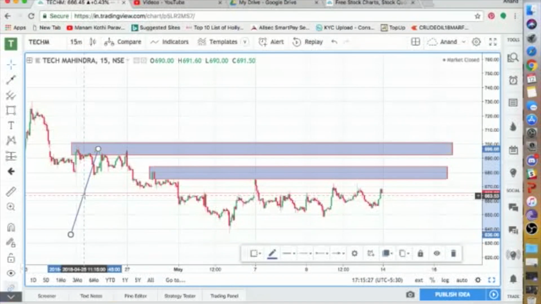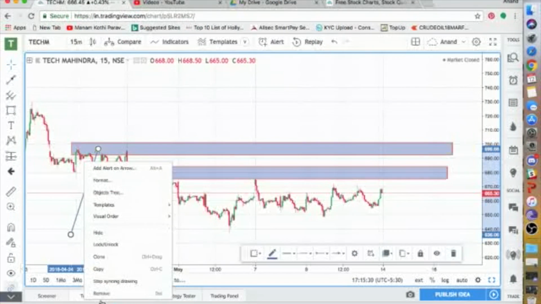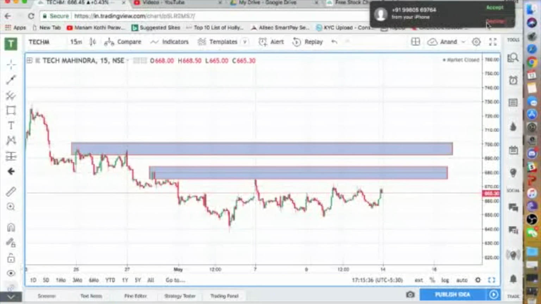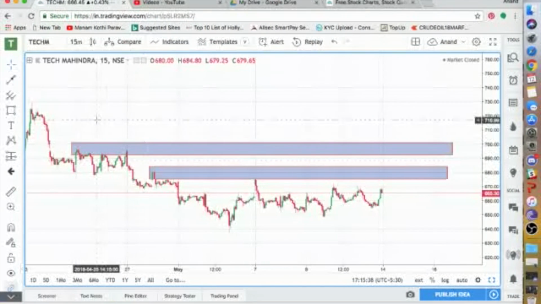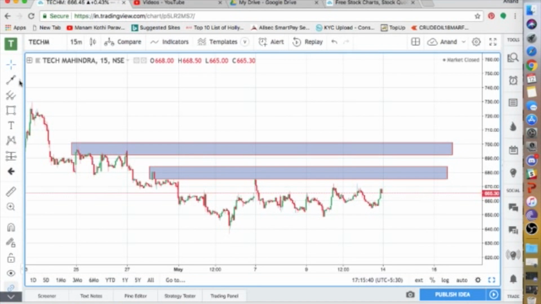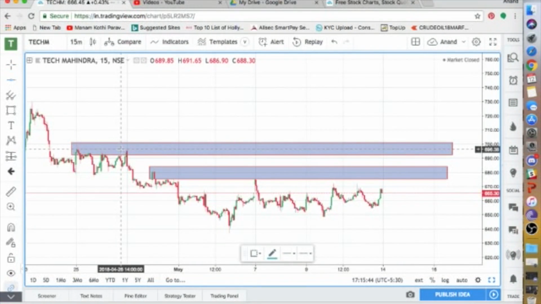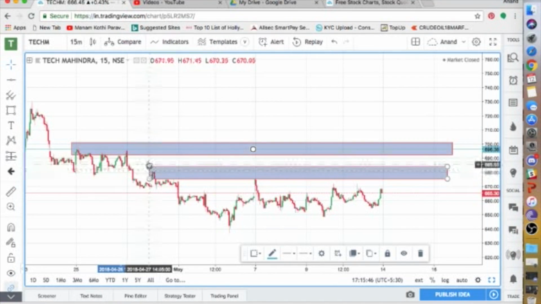So if you want something drawn at that level, you can actually draw a horizontal line at that particular price point.